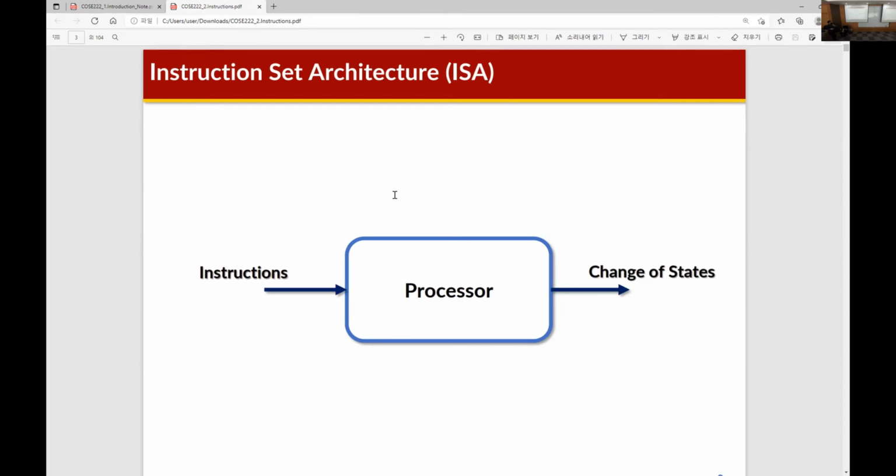But in this figure, you can find that the result is the change of state. So what results are generated by this processor? Actually, the result generated by this computer processor is change of state.